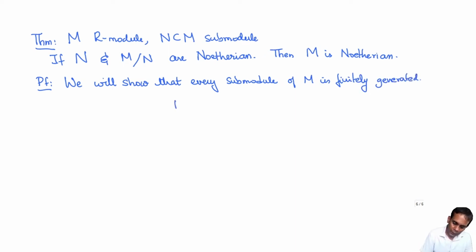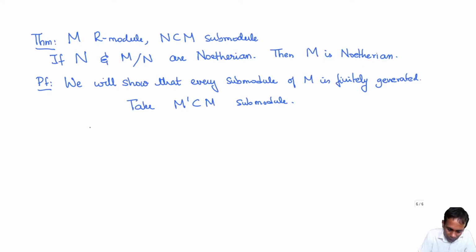So suppose M prime is a submodule of M. Then we'll try to find a submodule of M prime which is finitely generated and such that M prime modulo that submodule is finitely generated.